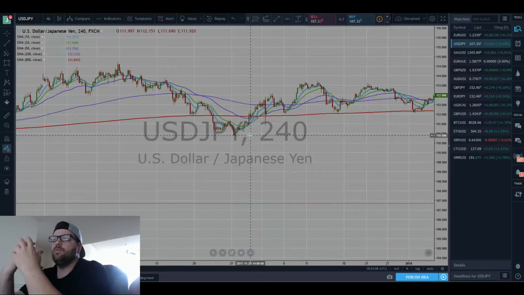So while EMAs can show you trend direction, I much prefer market structure to depict trend for me instead of using the EMAs. Really, the only thing that I use EMAs for are rejections. So maybe opportunities to trade a rejection of an EMA. That is what I'm looking for with moving averages, specifically exponential moving averages, because, like I said, I don't use the simple moving average, but they work almost the same.